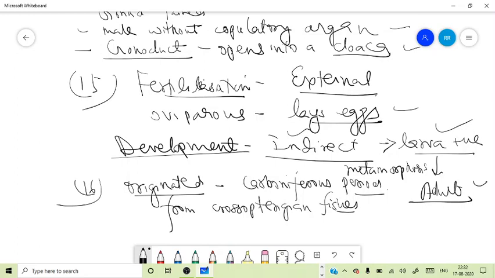So amphibians originated in the Carboniferous period from crossopterygian fishes. So the Carboniferous is known as the age of amphibians.